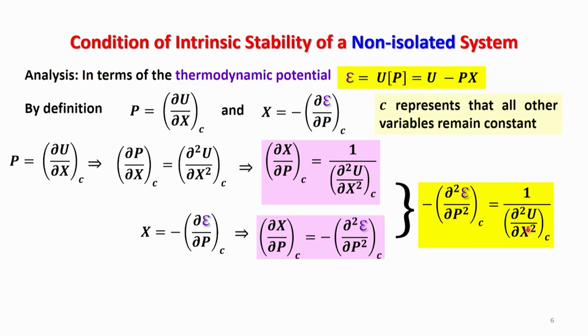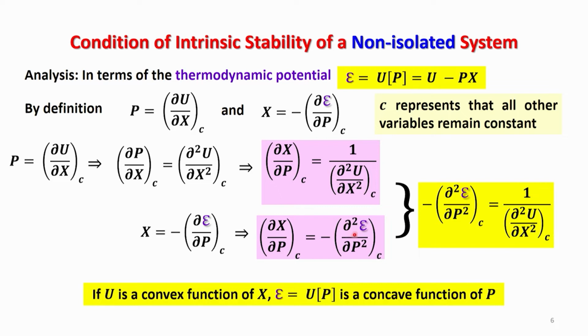And therefore, if U is a convex function of x, then its thermodynamic potential, which is a Legendre transformation of U with respect to P, would be a concave function of P. So, what caused the nature of the function to get reversed? It is the presence of this negative sign over here.